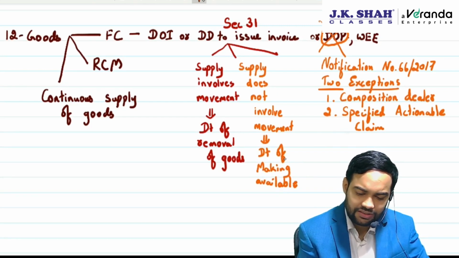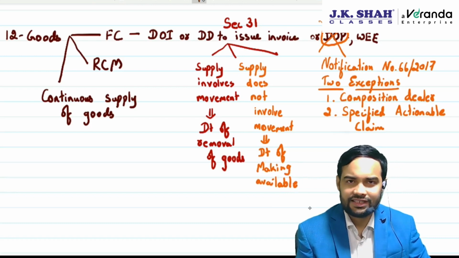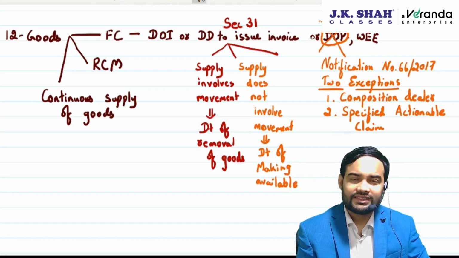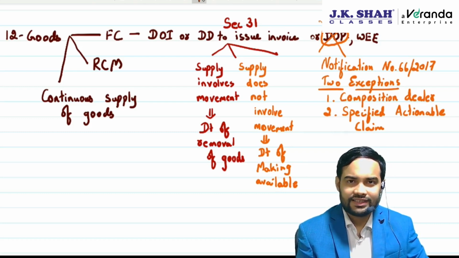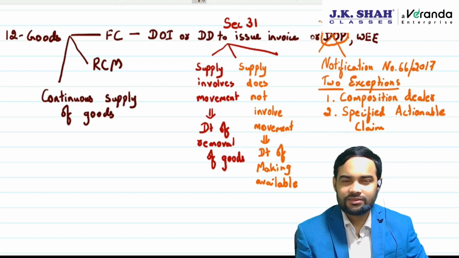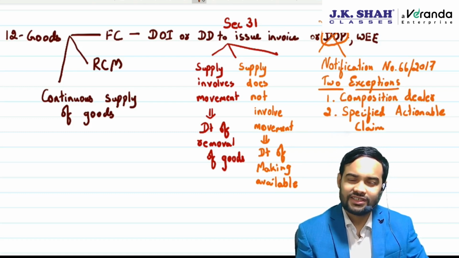Making available is not just making it ready. Making available is giving him the rights to decide upon where he has to take these goods, how he has to deal with the goods. All that is the factor where you have actually given the title or ownership to the other person, and now he will be responsible for the risks and rewards relating to that particular goods.